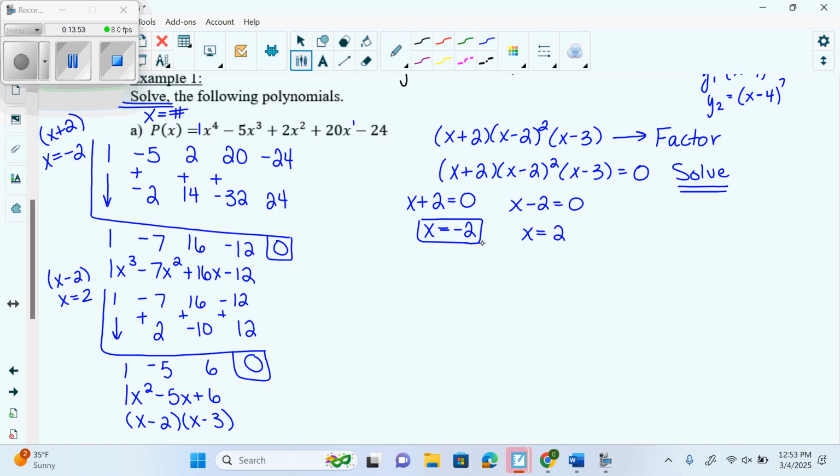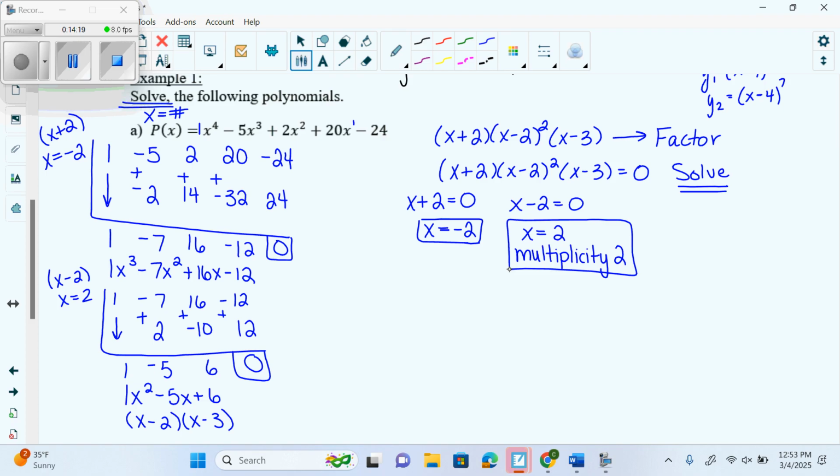So in a factor, you know there's 2 because you'll take those factors and you'll square them, correct? In a solve, the only way you know there's 2 is you have to write x equals 2, multiplicity 2. So when you're solving, you have to write multiplicity 2, or we do not know that there are 2 there.